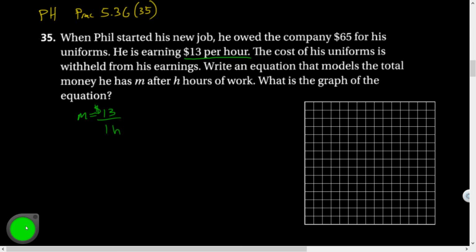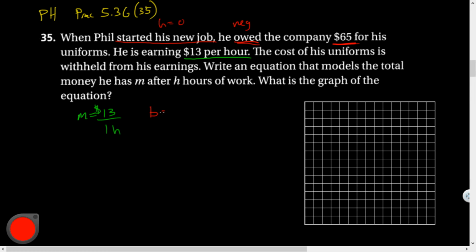So he's got $65 in debt when he started his new job. So what does that mean? That means hours was equal to 0, and that he owed the company. That sounds like he's in debt. That's negative, and he owed them $65.